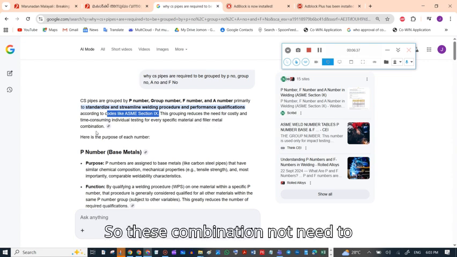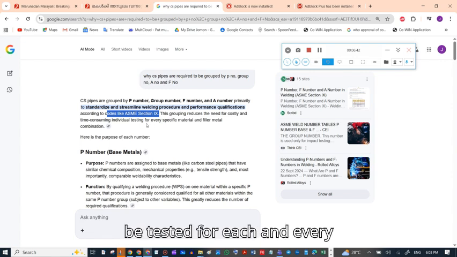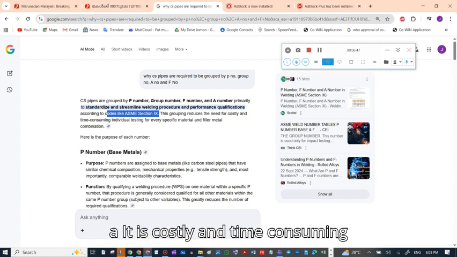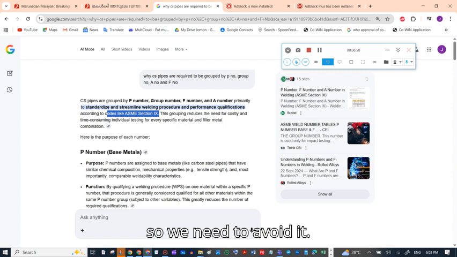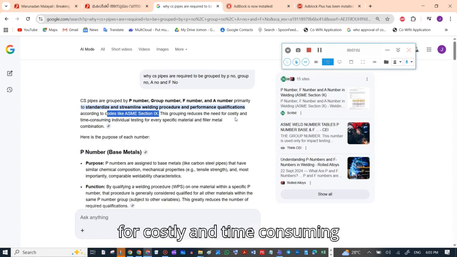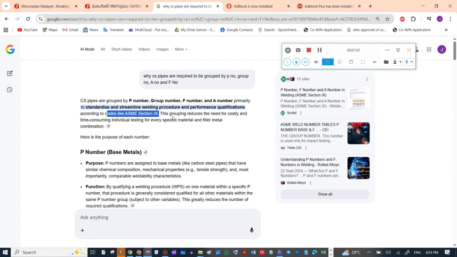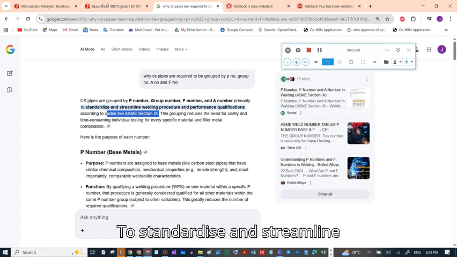This combination does not need to be tested for each and every specific material, because it is costly and time consuming, so we need to avoid it. For achieving this, we are grouping these materials, to standardize and streamline the welding procedure.